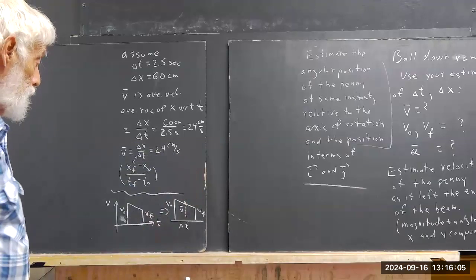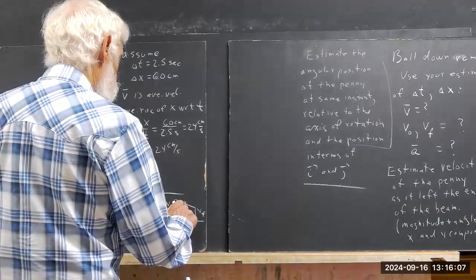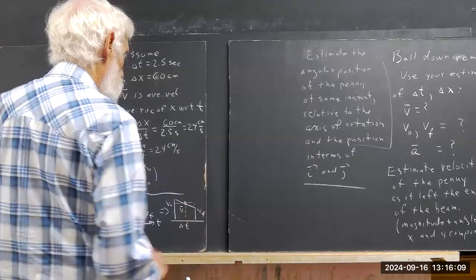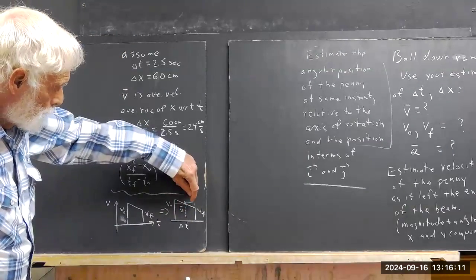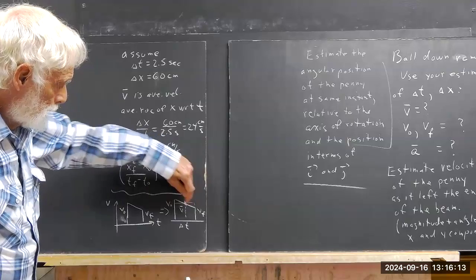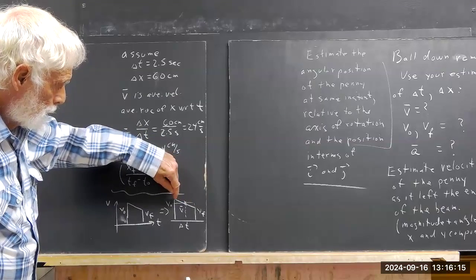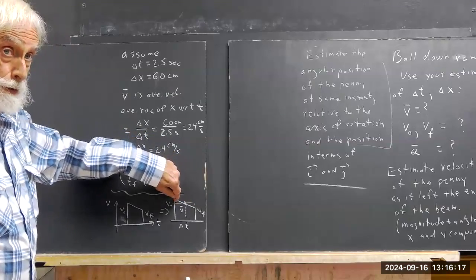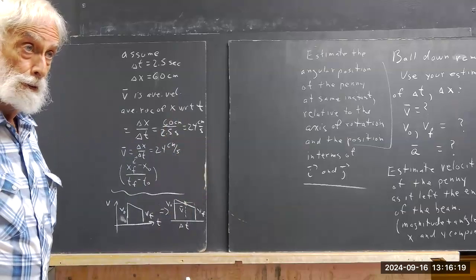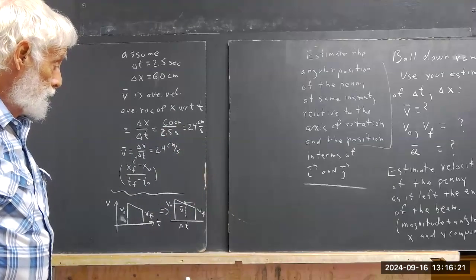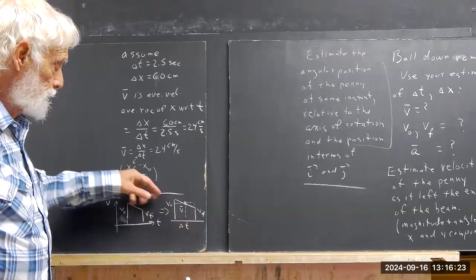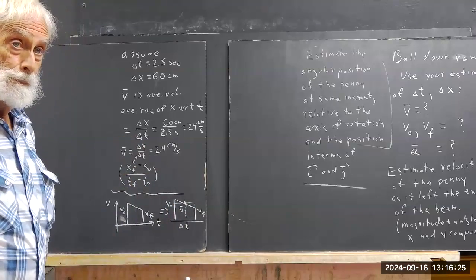The reason for this is that if I draw this rectangle here, this little triangle that's not included is equal in area to this triangle that is included because of the linearity. So the area under this rectangle is the same as the area under this curve.